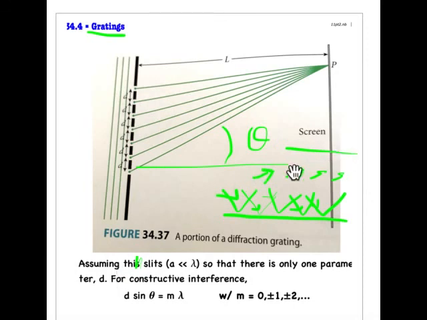A good example of this reflection grating is white light hitting the surface of a CD, compact disc player. A CD has many grooves cut in the surface to carry the information about the music.